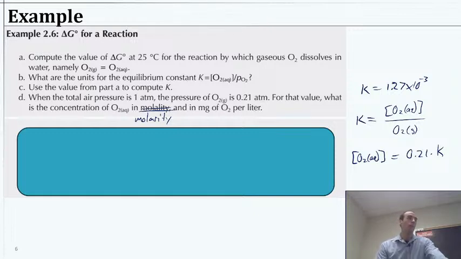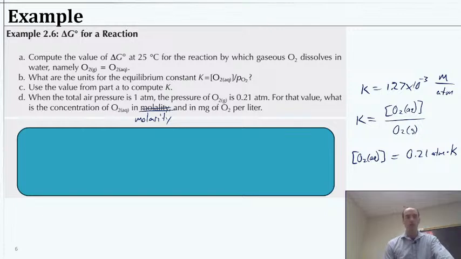We were given that's 0.21 atmospheres, so we could even call it atmospheres. Multiply that by the K value that we have, and if we keep the units appropriately, we'll recognize that that's multiplying atmospheres by molal per atmosphere.